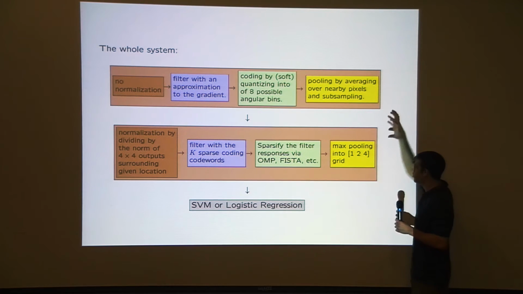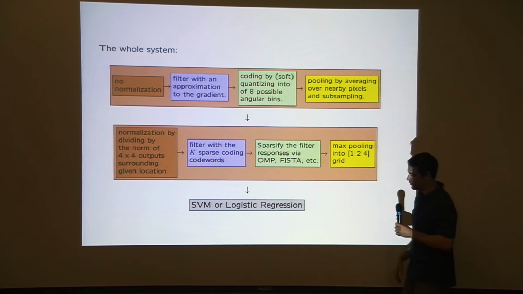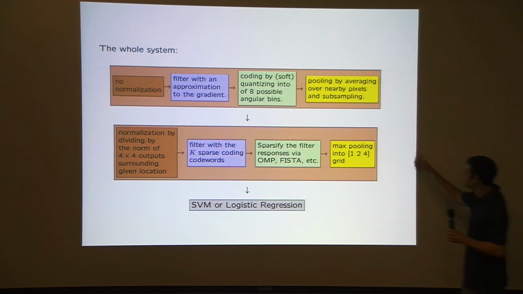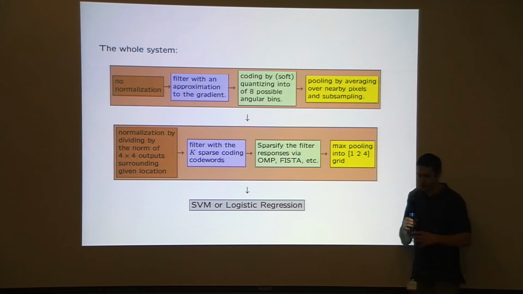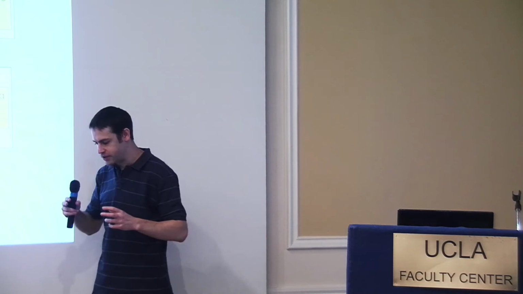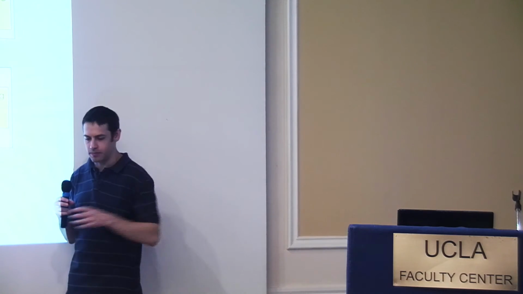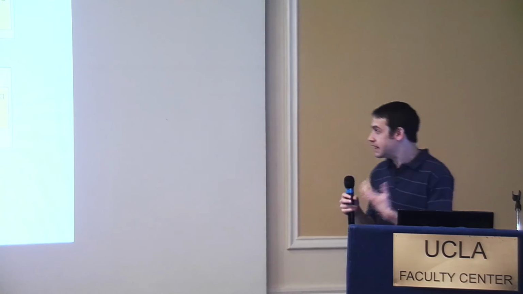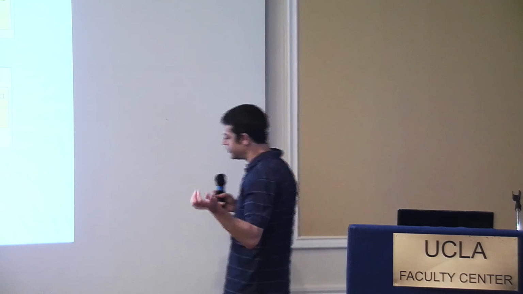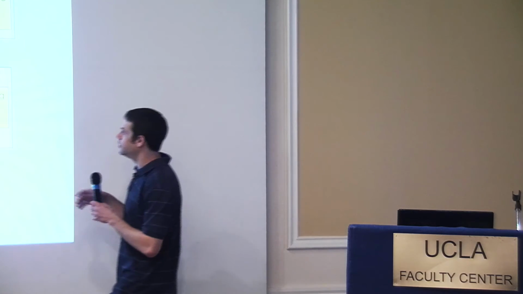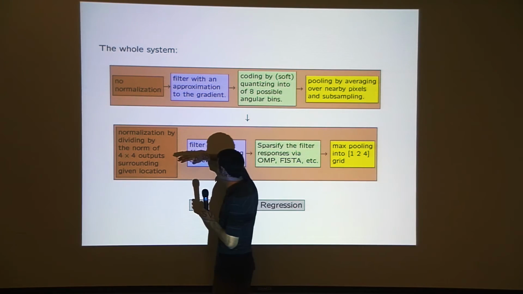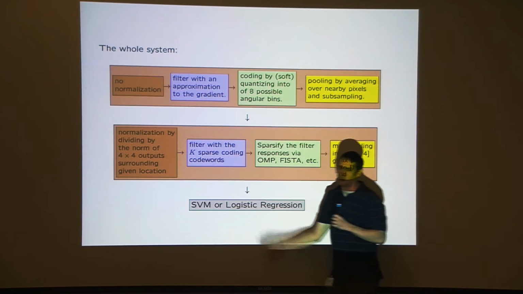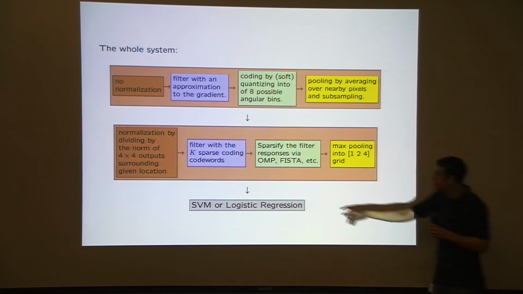Then you max pool into a spatial grid, and that's the pyramid. The word pyramid comes from this final stage where you pool the codes over the whole image, and then maybe 2x2 blocks, and then maybe 4x4 blocks. All in all, the system is very much like a convolutional net. It's just that you only train this part unsupervised, and this part is engineered. And actually, the normalization here is engineered.